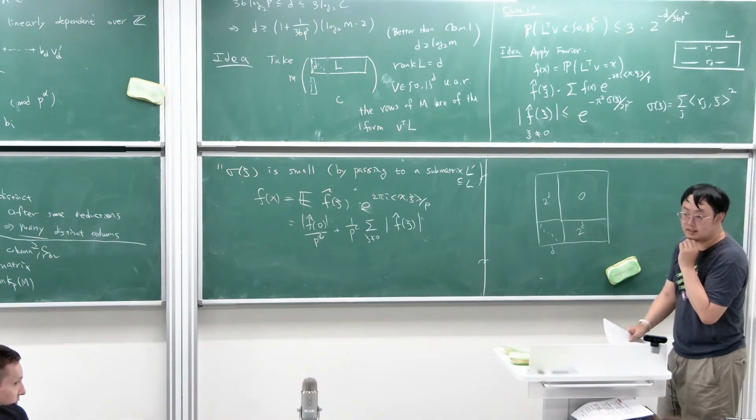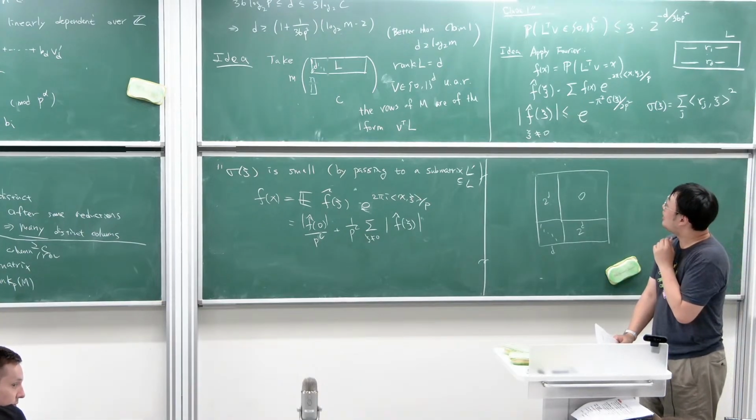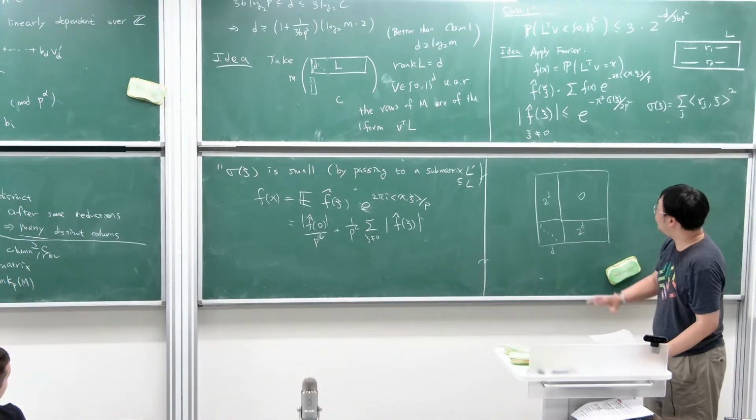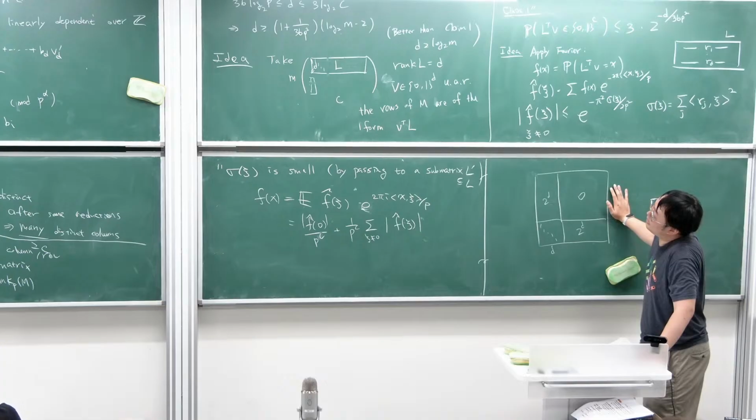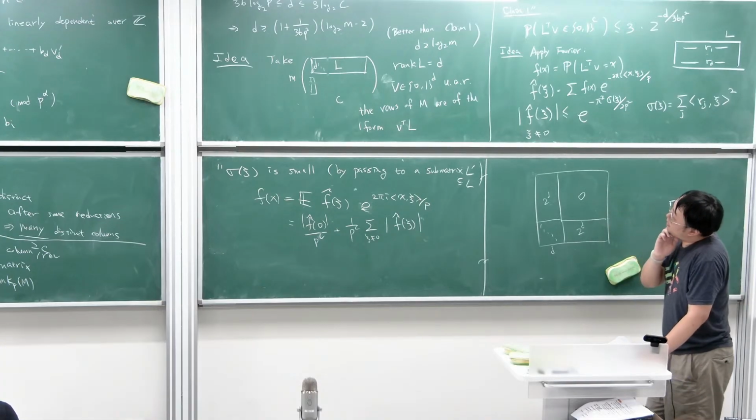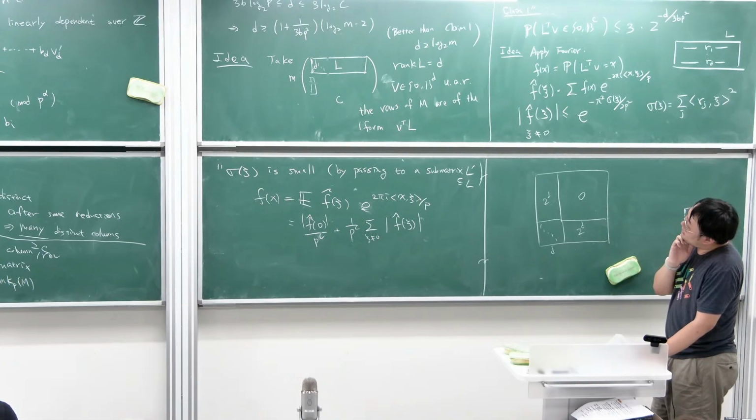How tight is your claim 1 prime prime? How tight? The best construction we know is this one. How tight depends on what you mean by how tight.